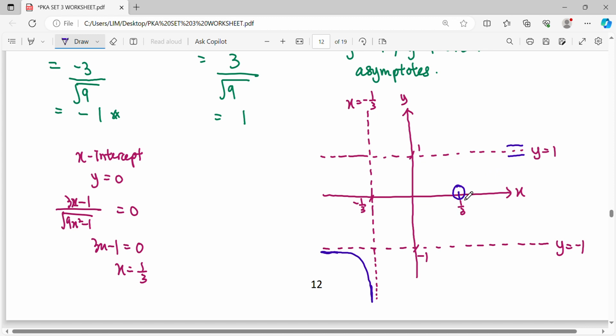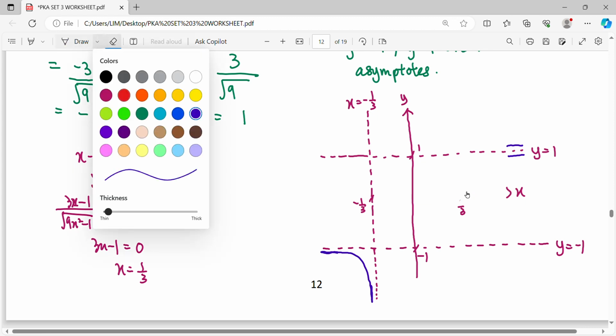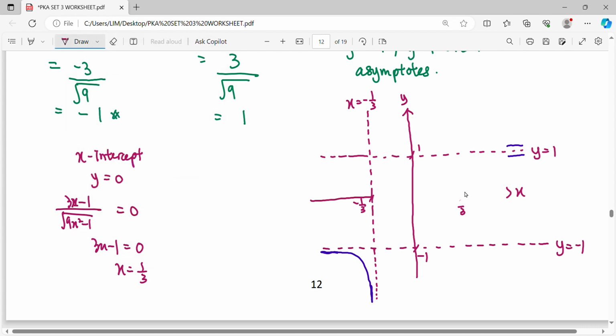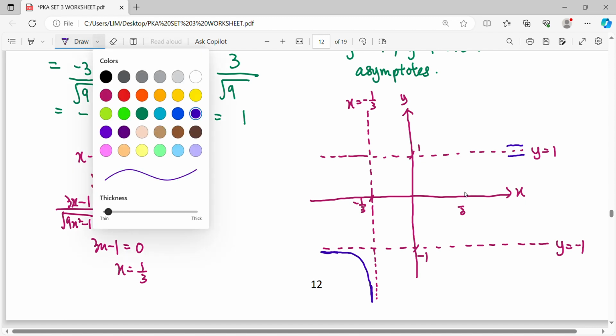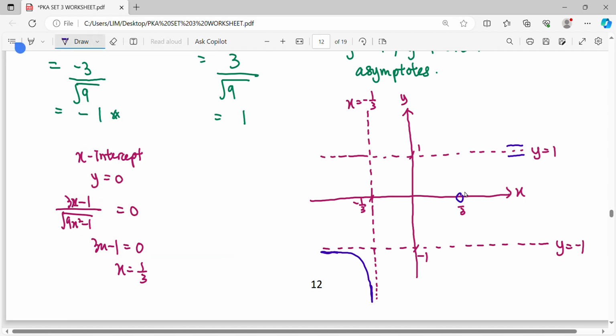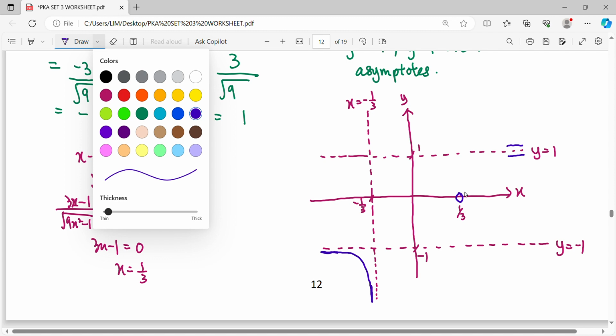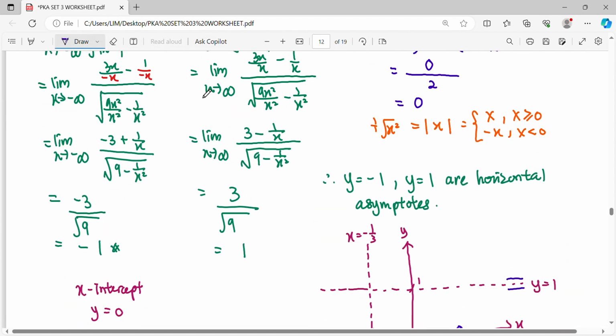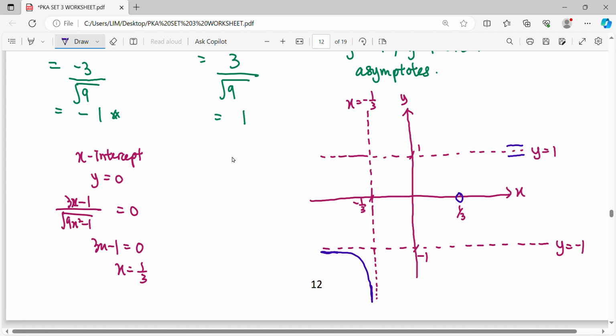So empty circle, at coordinate x equals 1 over 3. And then when you're going to positive infinity on the right hand side, the graph approaches 1.